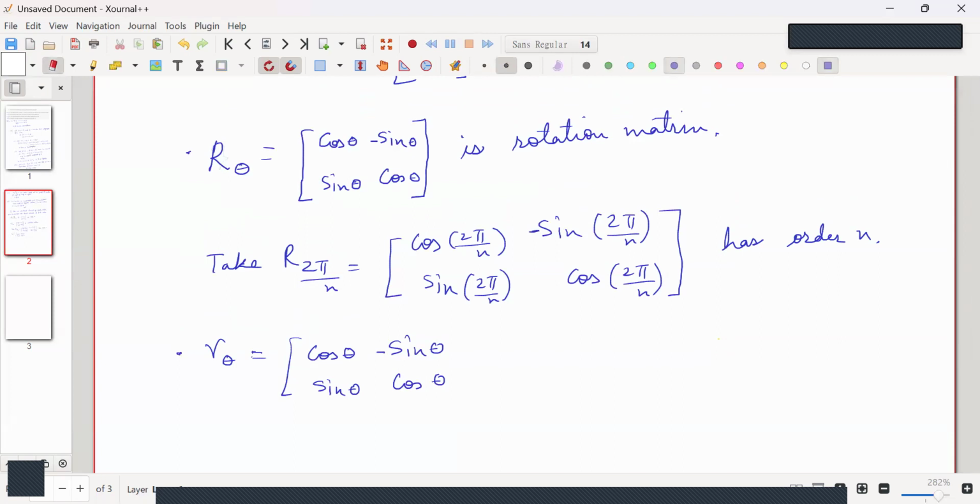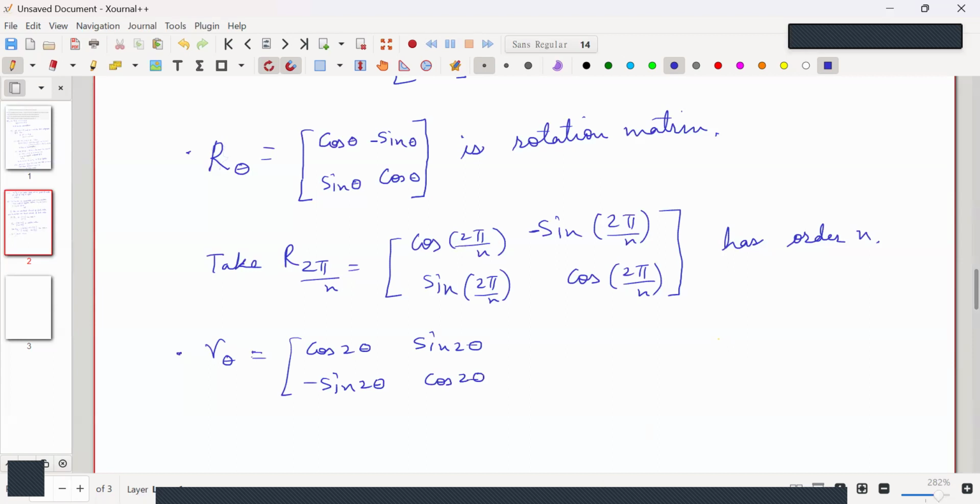And now reflection matrices are, you take cos 2 theta, sin 2 theta, and sin 2 theta and minus cos 2 theta. So cos 2 theta, sin 2 theta, minus sin 2 theta, and cos 2 theta.